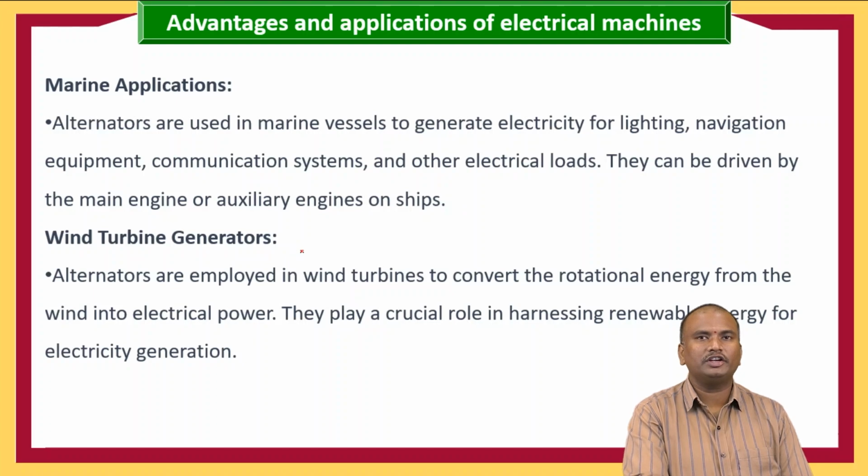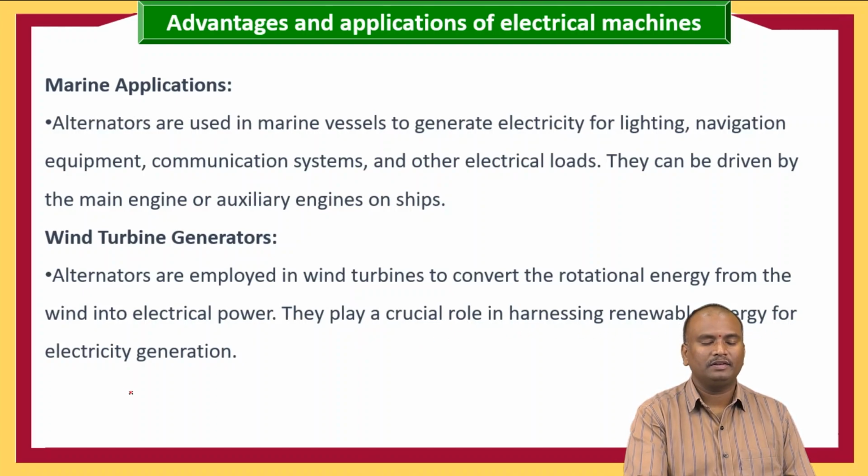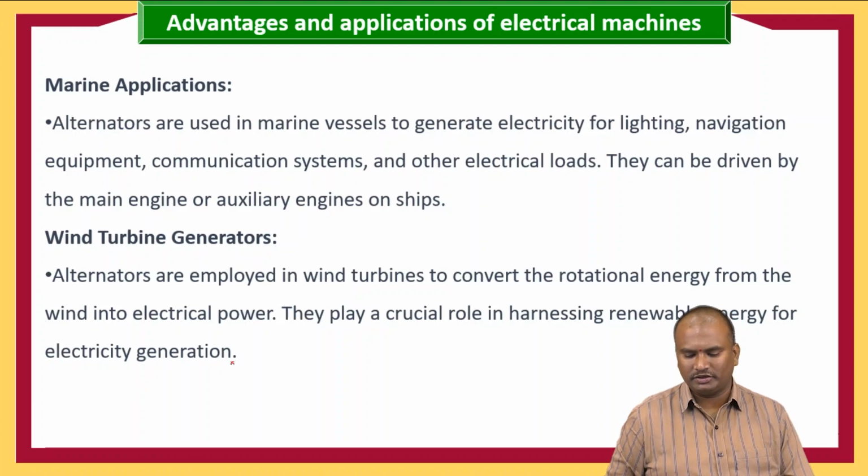And wind turbine generators. Here alternators are employed in wind turbines in order to convert rotational energy from the wind into electrical power. This plays a crucial role in harnessing renewable energy for electrical generation.